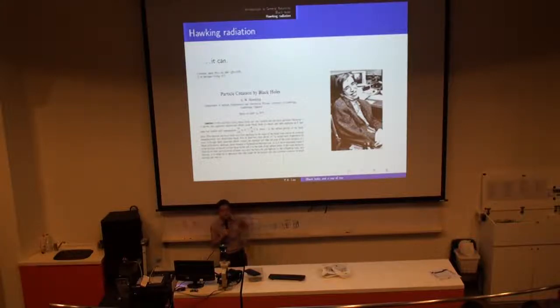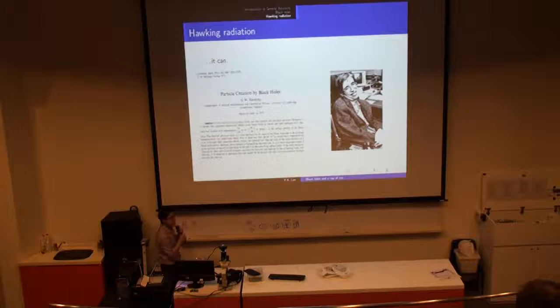We mentioned thermodynamics. What else? There is something that we call quantum mechanics. So if we include quantum mechanics into the theory of gravity, then it turns out that yes, actually it can emit radiation. So this is the paper that Hawking wrote, and what we now call today Hawking radiation.